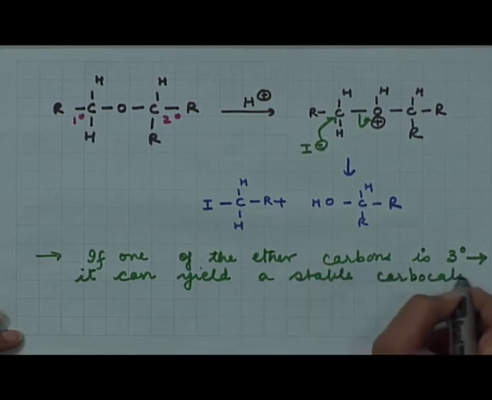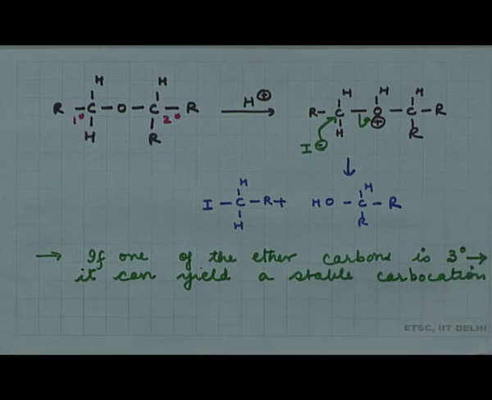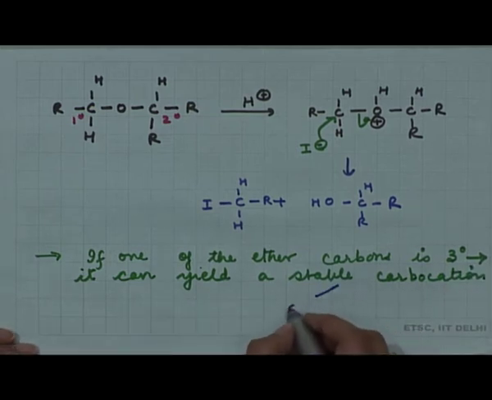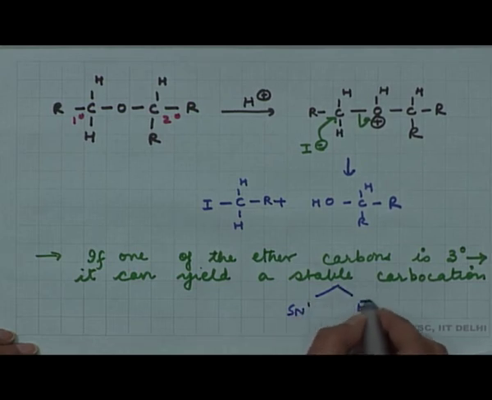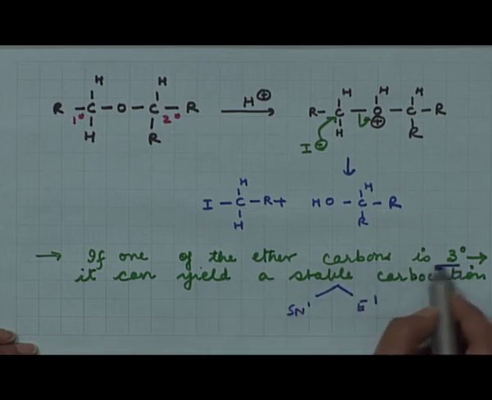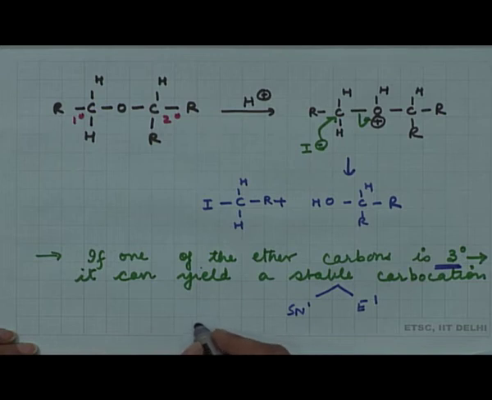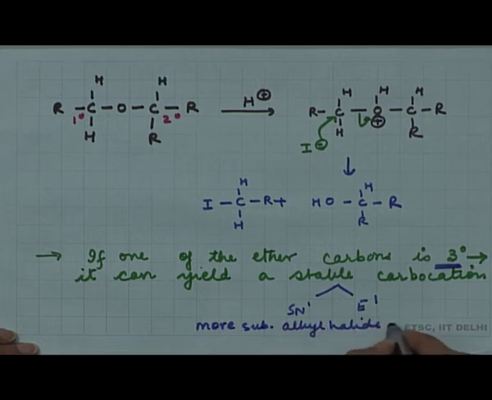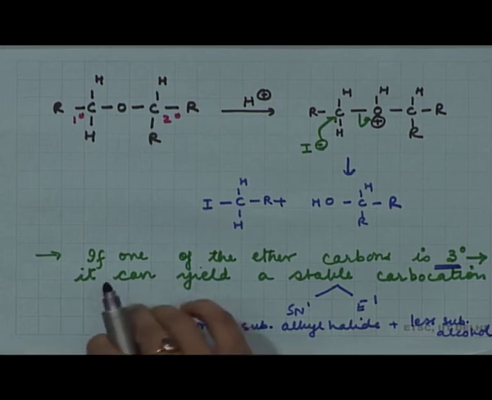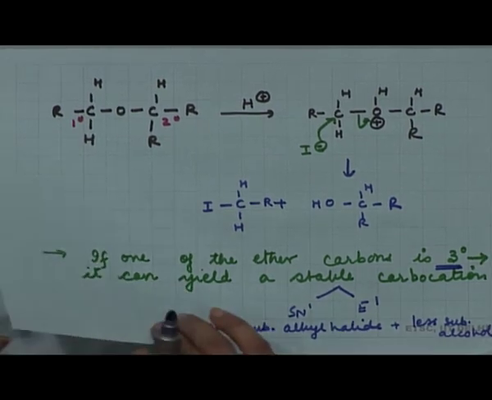Once you have a carbocation, both SN1 and E1 can operate. If it is a 3 degree alkyl group on the ether, you get the more substituted alkyl halide and the less substituted alcohol.